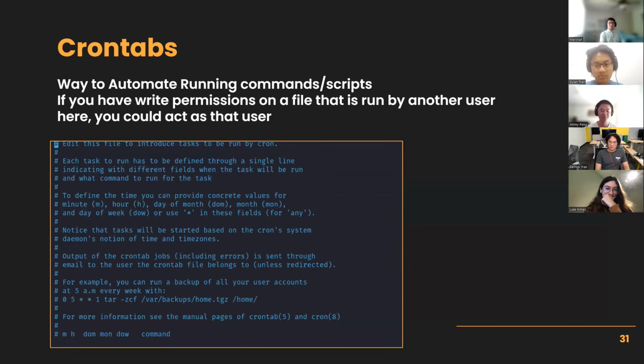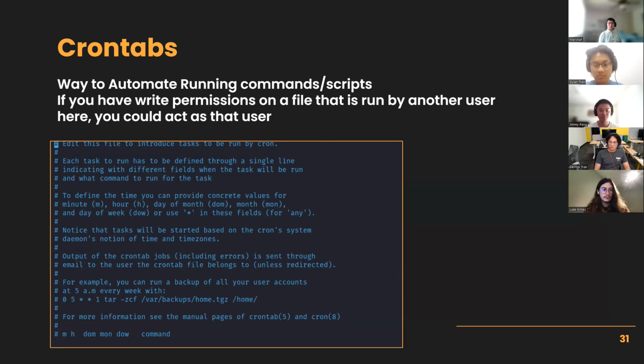So onto cron tabs. A lot of you probably know this already, but it's basically a task scheduler for Linux. If there are insecure file permissions, like if you have access to a script that's run by root, or if it uses wildcard characters to run all the files in a certain directory which you have write access to, it could be a way to get elevated privileges.